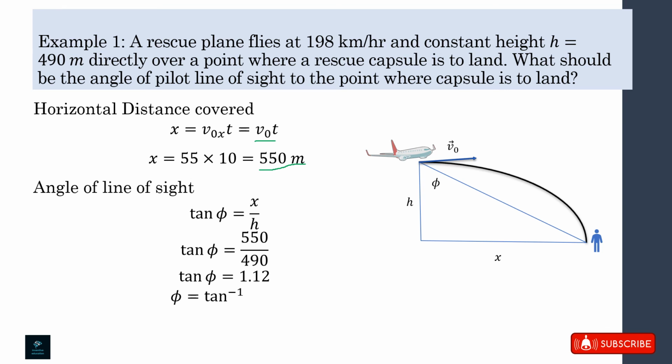Therefore, phi is equal to tan inverse of 1.12, and if we calculate it, we will find that phi is equal to 48.3 degrees. Therefore, angle of pilot line of sight is equal to 48.3 degrees. This is the required value that we were asked to find in this example problem.